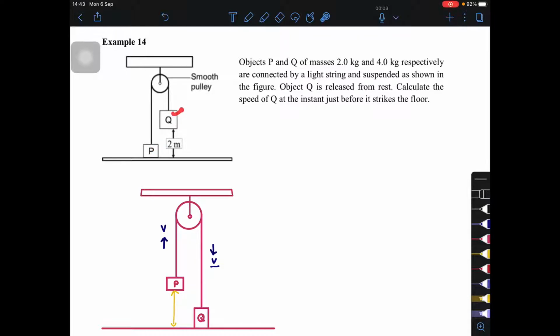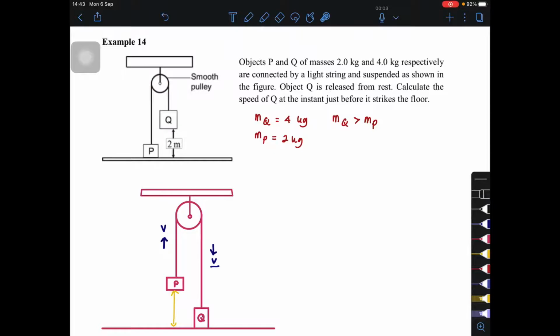So Q will have its kinetic energy and its own potential energy, same with P. Okay, so now we have the mass of Q, which is 4 kg, and the mass of P, 2 kg. So the mass of Q is larger than the mass of P, and they both are connected with a string.